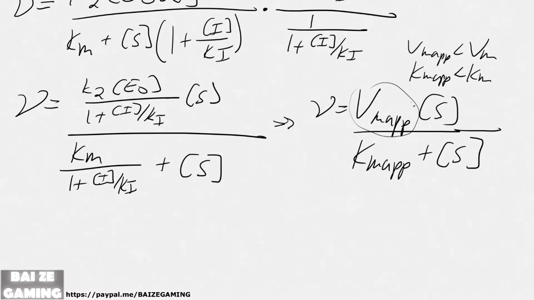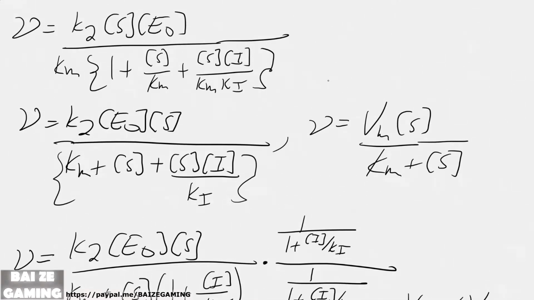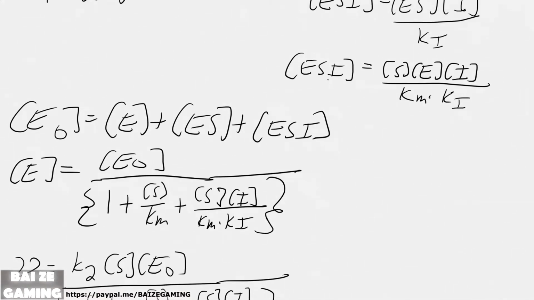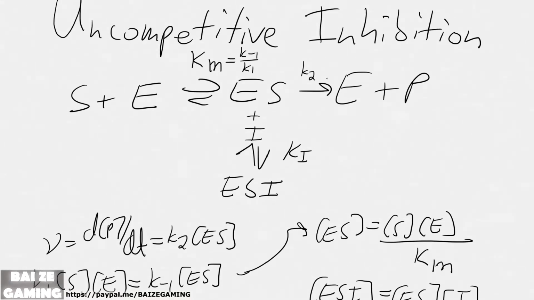And so, even with this kind of inhibition, it makes sense that your product formation rate is going to decrease. It's not always going to be the case. Maybe there'll be an exceptional case where the KM might have more of an impact at certain concentrations compared to the maximum velocity, but in general, this is going to reduce the product formation rate no matter what you do. And there you go, we've modeled uncompetitive inhibition. We found the product formation rate of P. Hope you enjoyed the video.